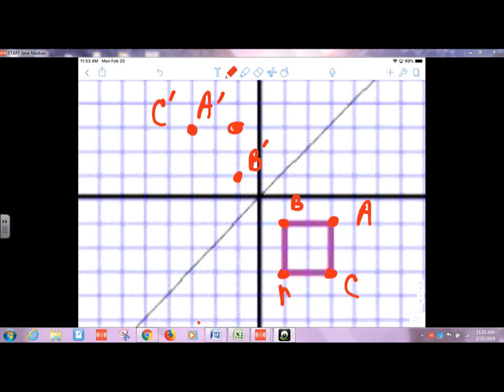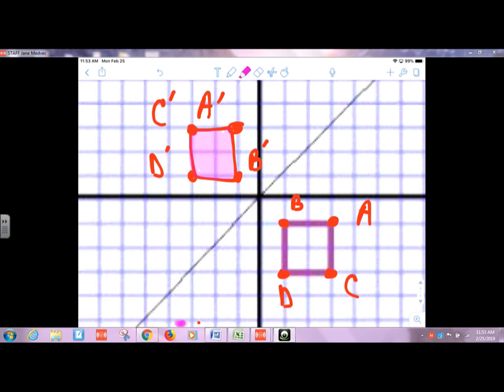I'm going to call this D. D is 1, 2 away, so 1, 2 away, and I end up with D prime. And so I'm going to put in the lines of my shape and shade in my shape, and then don't forget to make sure that you do your ordered pairs. Okay?